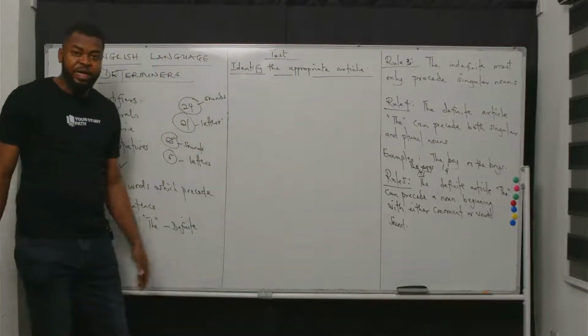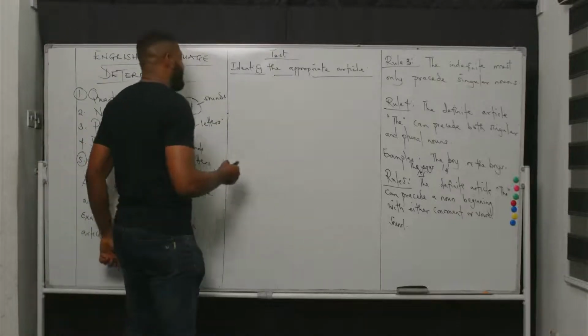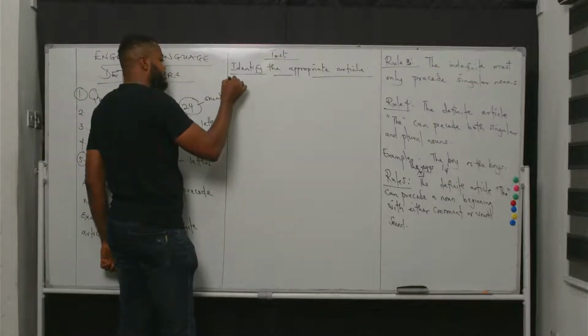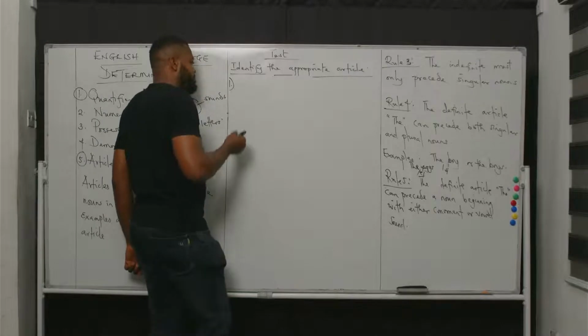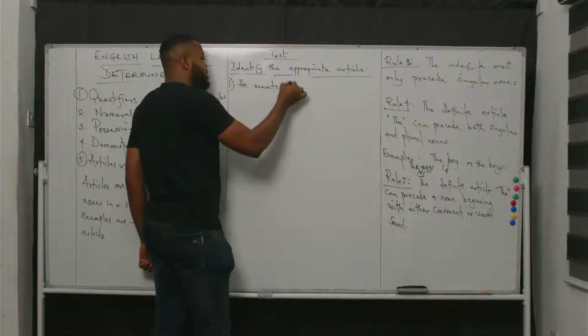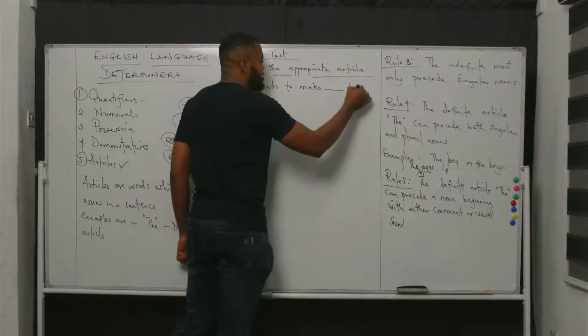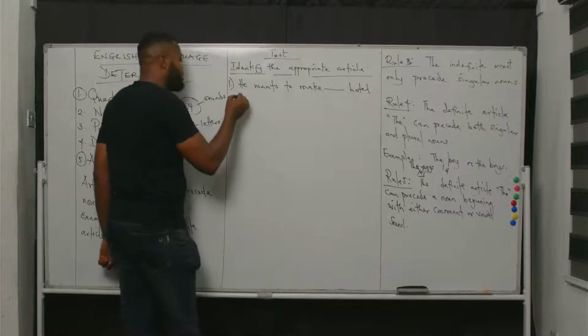Identify the appropriate article. So here we have: number 1, he wants to make dash hotel reservation.